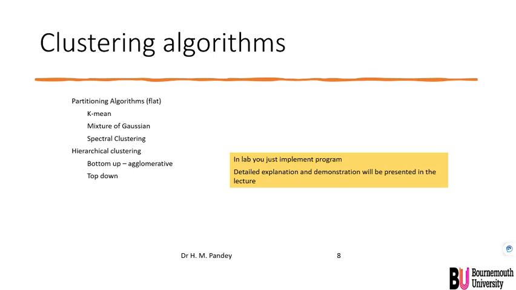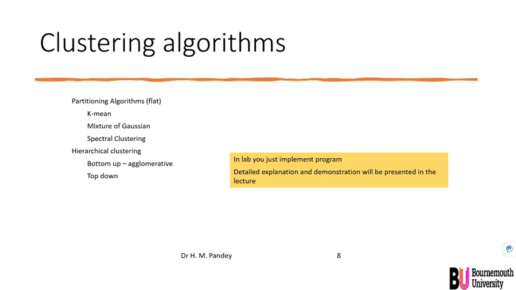The first group is called partitioning algorithm, and the second group is called hierarchical clustering. In partitioning algorithm, there is k-means clustering, mixture of Gaussian, and spectral clustering. These three types fall under flat clustering. On the other hand, hierarchical clustering is bottom up and top down. We will discuss all these things in detail in the lecture session.